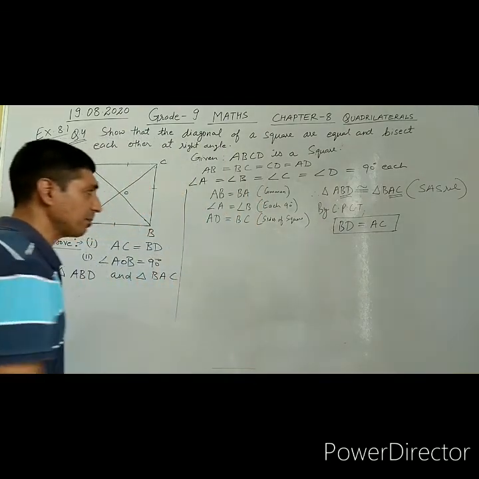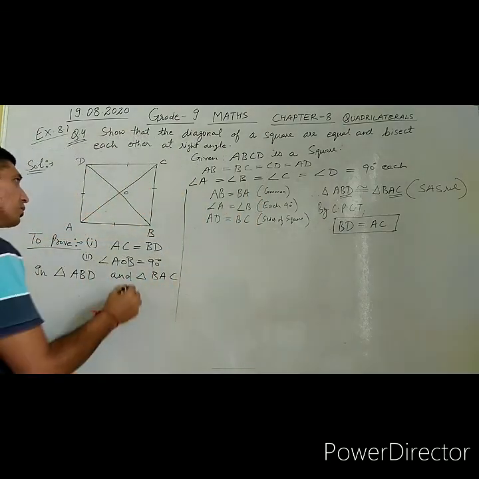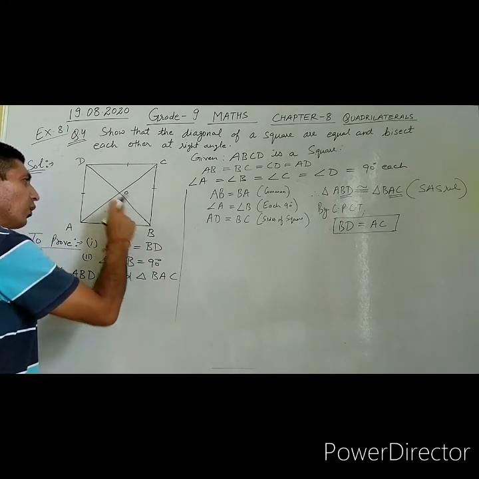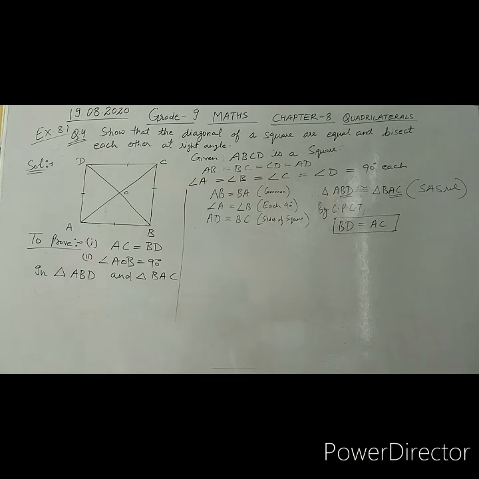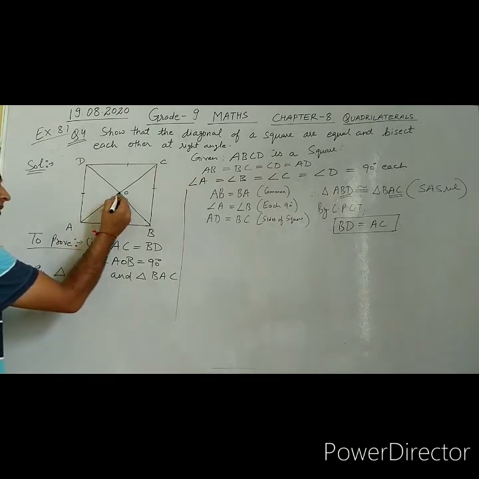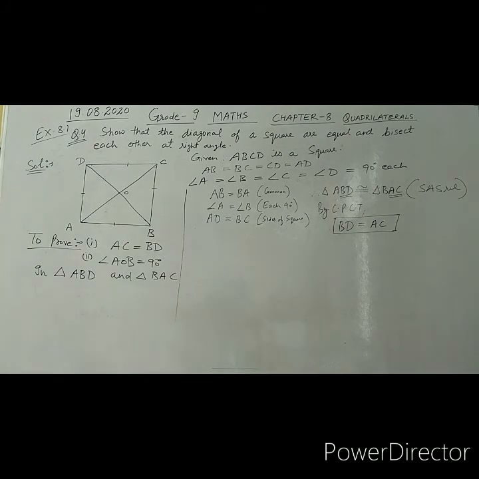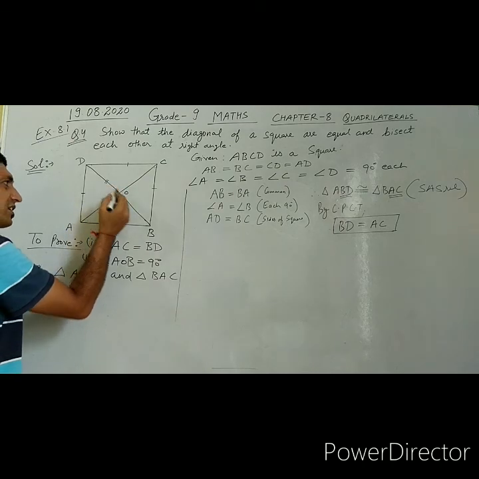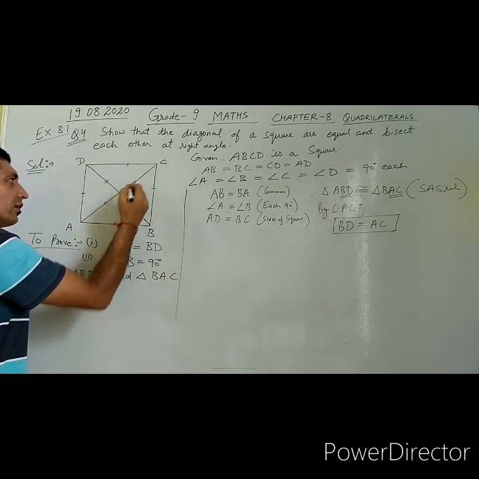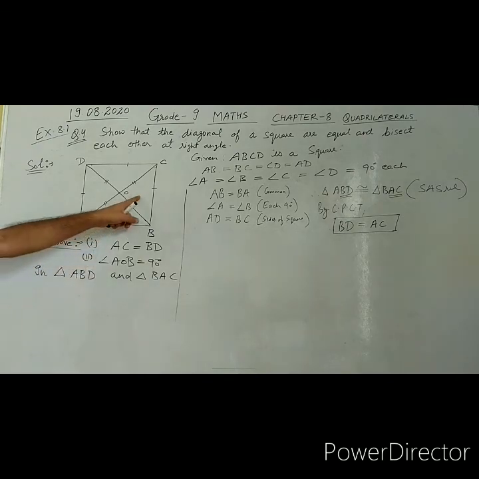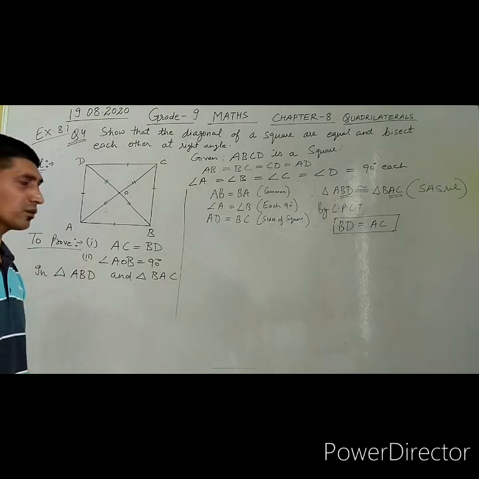Now the next part: we are interested to prove angle AOB, or any of these angles, is 90 degrees. A square is also a special case of a parallelogram, so the diagonals will definitely bisect each other. If the diagonals are equal and bisect each other, all four triangles are congruent by the side rule of congruency.